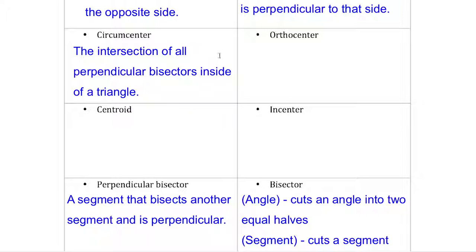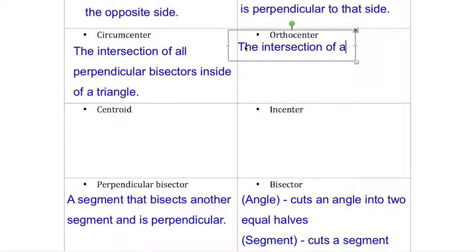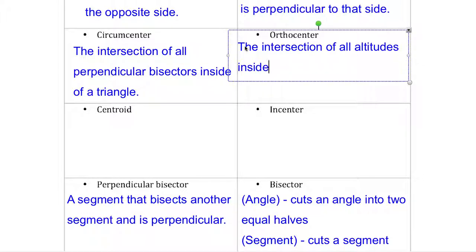But getting back up here to an orthocenter, what is an orthocenter going to be? Well, an orthocenter is going to be the intersection point of the altitudes. So this is going to be the intersection of all altitudes inside of a triangle.